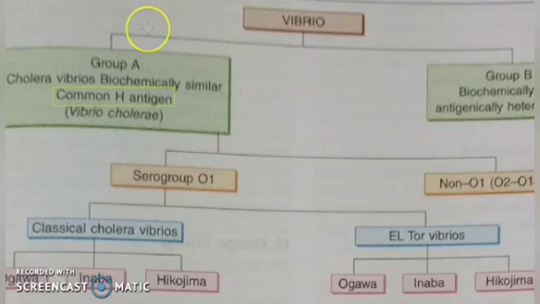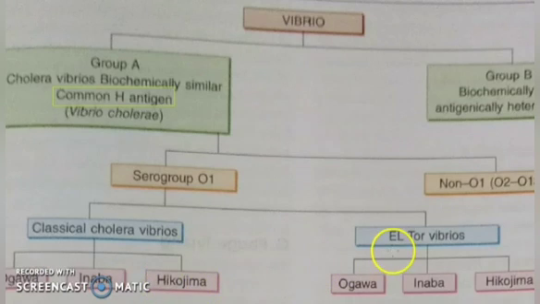Under the Vibrio family, all of them will have the common H antigen. Under that you have O1 and non-O1. Under O1 you have classical and El Tor. Each of them has Ogawa, Inaba, Hikojima.